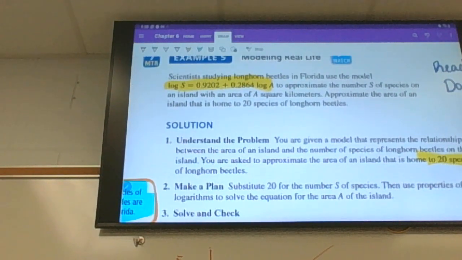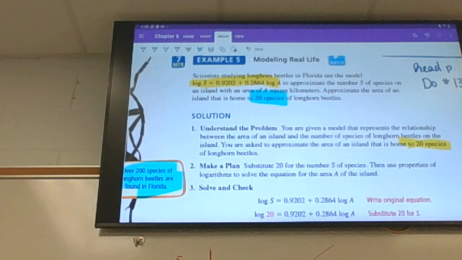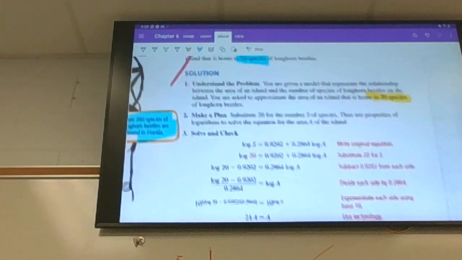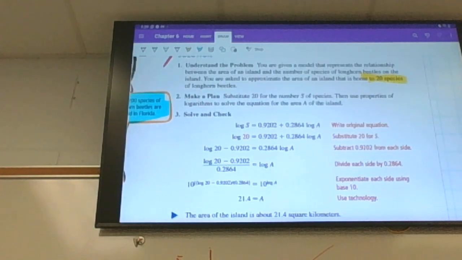This says if the people go around, they collect all the beetles they can, they notice there's 20. How big of an island must that be? So what they've done is they put 20 in the S for species. And then from here, it looks really complicated, but it's really just steps that we've always taken to solve equations.